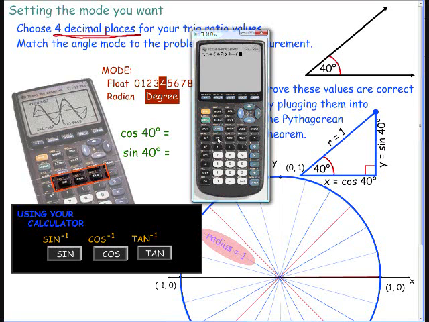Sine of 40 degrees squared, and then I'll close that parenthesis. According to the Pythagorean theorem, what will this equal?